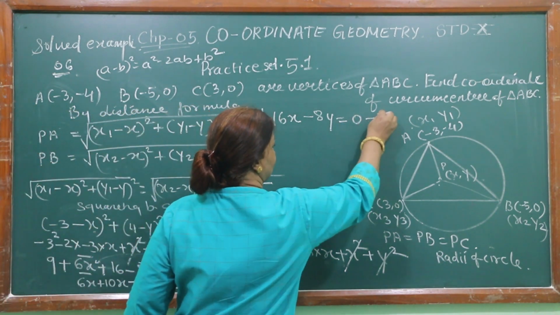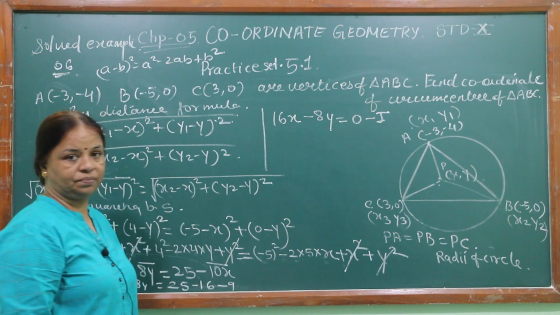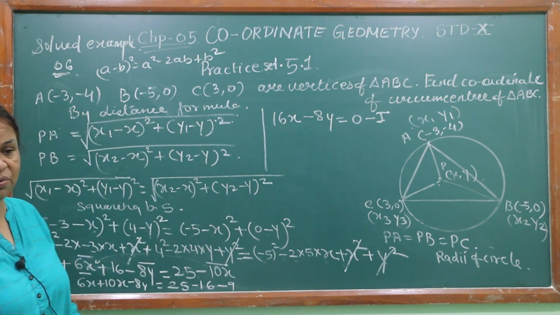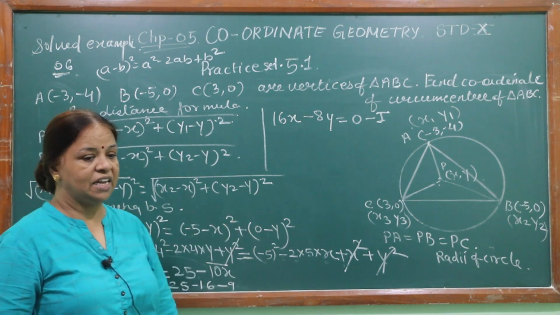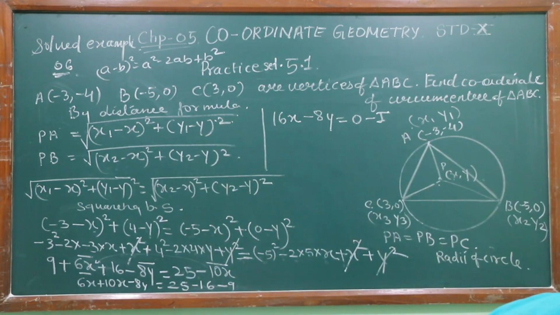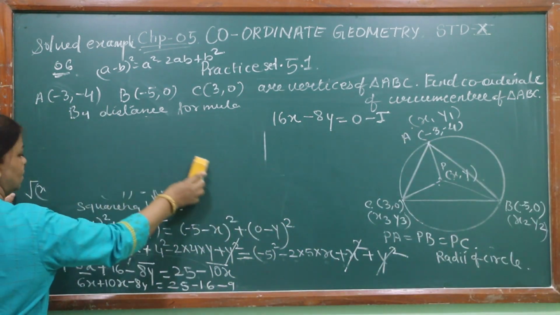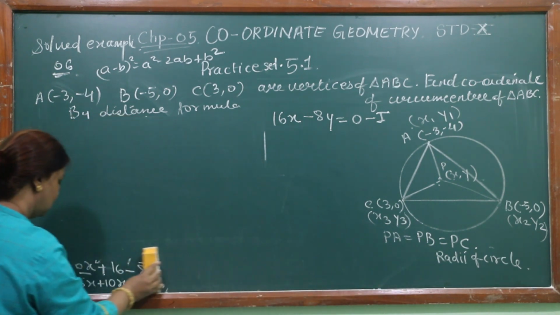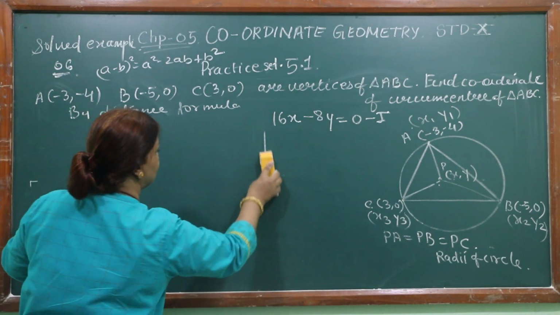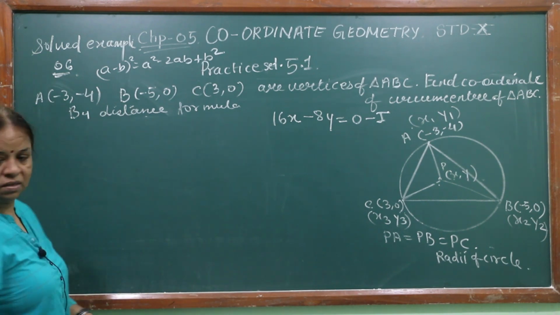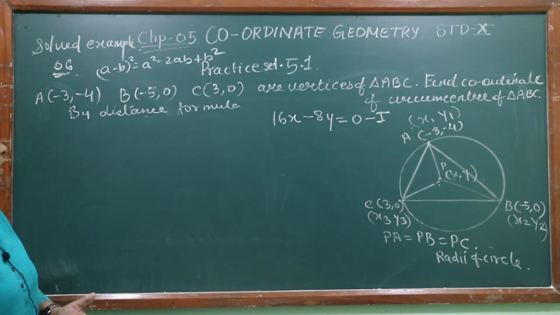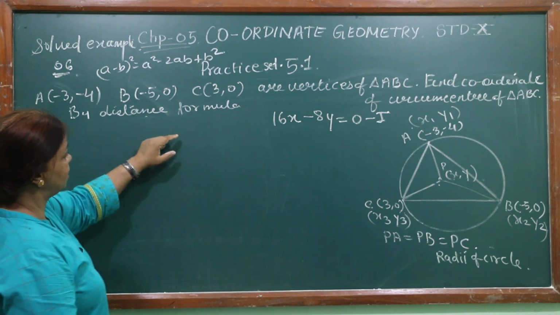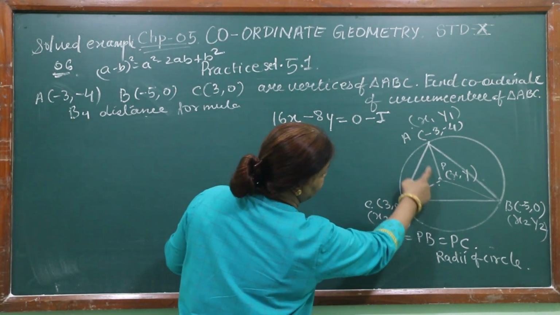So this is your first equation, children. Now let me get the second equation. Let us rub the board. By distance formula, we can find out the second equation now. I have written the first equation. Before this we took PA equal to PB.